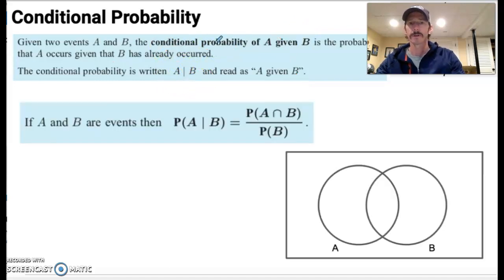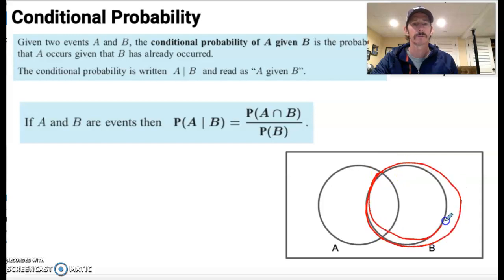And there are some formulas in your formula packet for this. So this is the probability of A given B, and that is equal to the probability of the intersection of A and B divided by the probability of B. What that means is, here's B, it's all of this. So this formula means I would take this entire set of values, and the top of it is just the intersection.